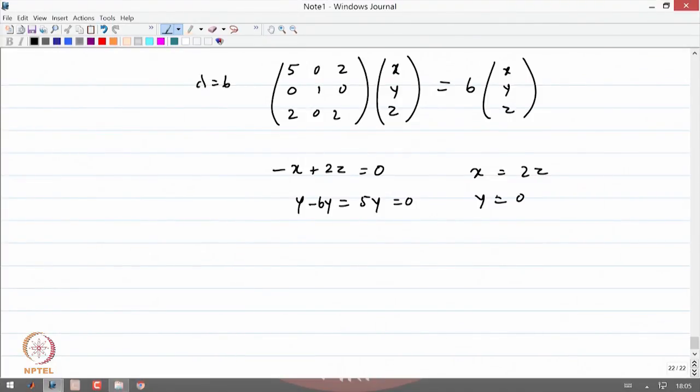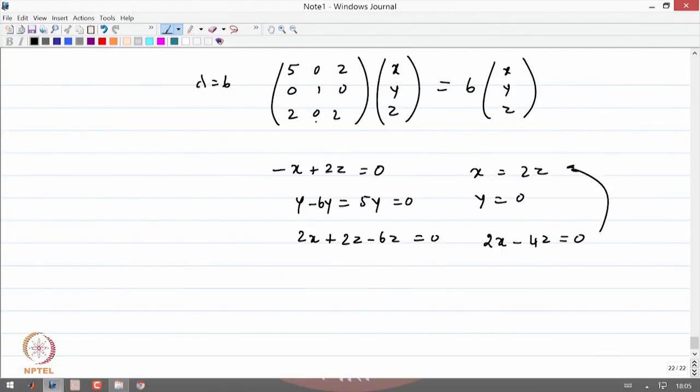Which gives you y is equal to 0. Okay. And the last equation will tell you 2x plus 0y plus 2z minus 6z is equal to 0, which gives you 2x minus 4z is equal to 0.